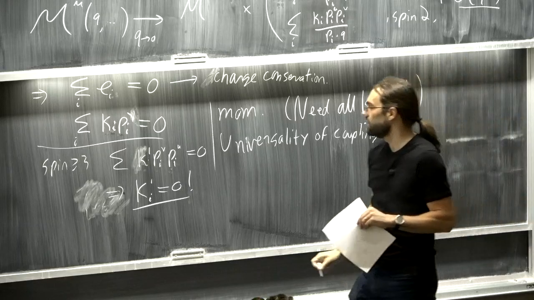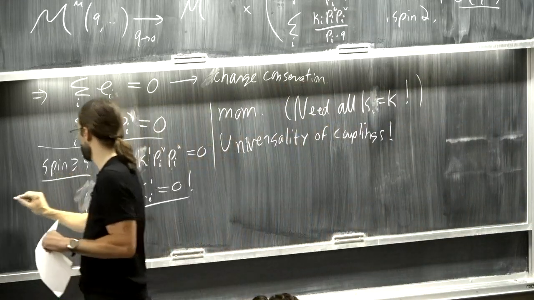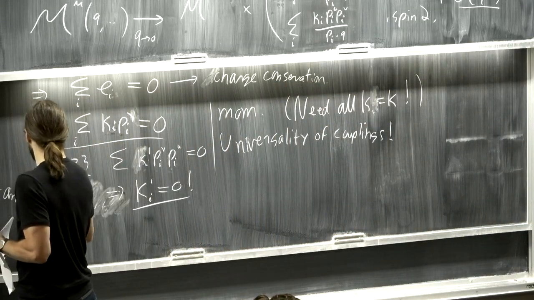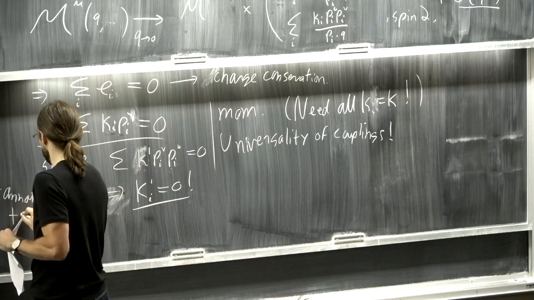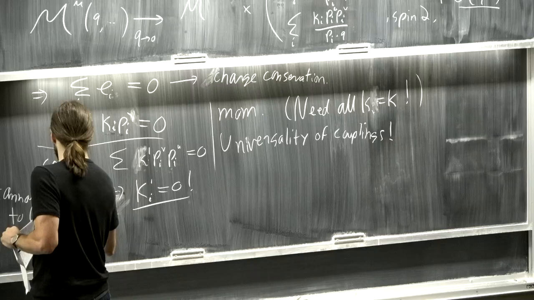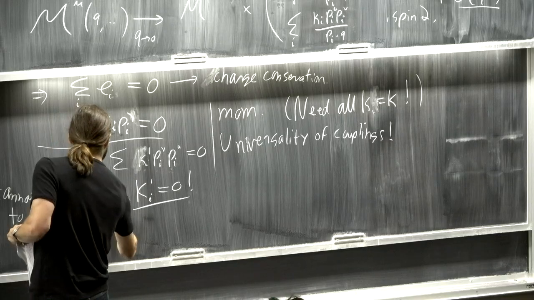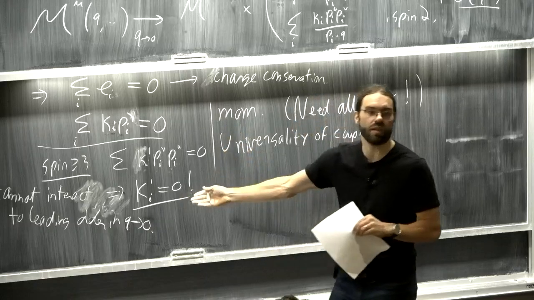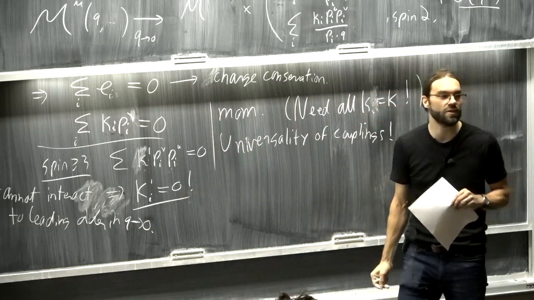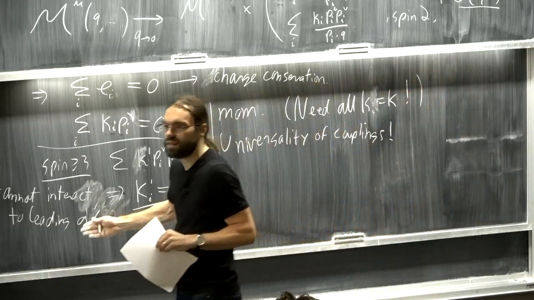So a higher spin particle cannot interact to leading order in q going to 0. Okay? So it's an analysis of the soft limit, and you learn something about the possible soft limit of interactions. And for higher spin, nothing can happen.